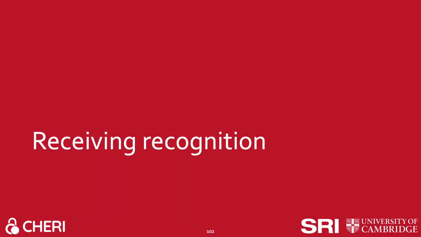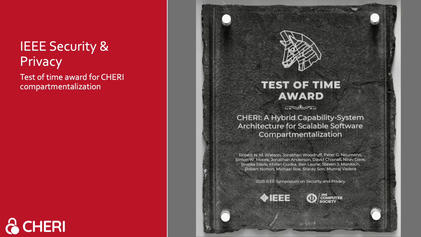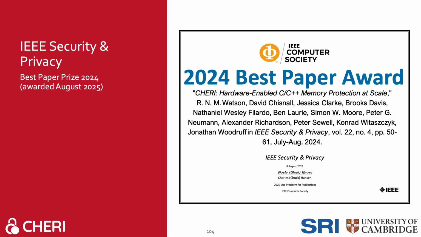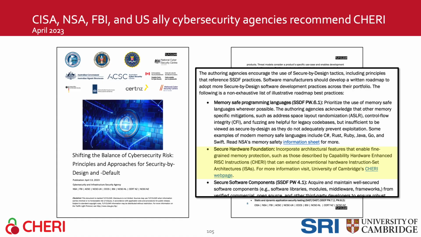And let's sort of start bringing things to the close. So we've received quite a bit of recognition, as you can imagine, quite a bit in academia. It's great that we swept the awards for IEEE Security and Privacy. We got both the Test of Time Award and the Best Paper Award, which was announced recently, which is pretty good. We're also seeing things coming out of government.